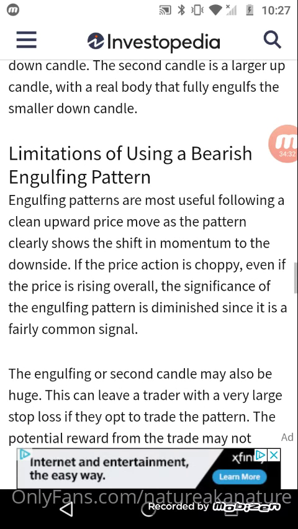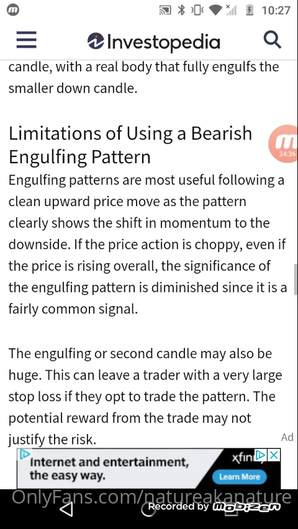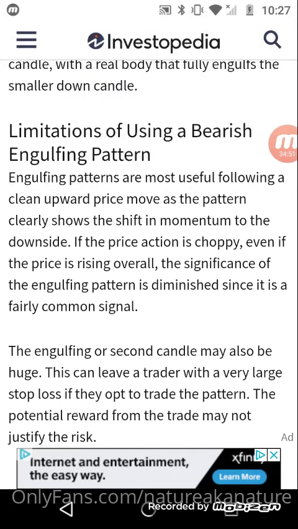And if price action is choppy, even if price is rising, we have to see if it's significant enough through the engulfing pattern to actually come up with a signal or some type of trade.